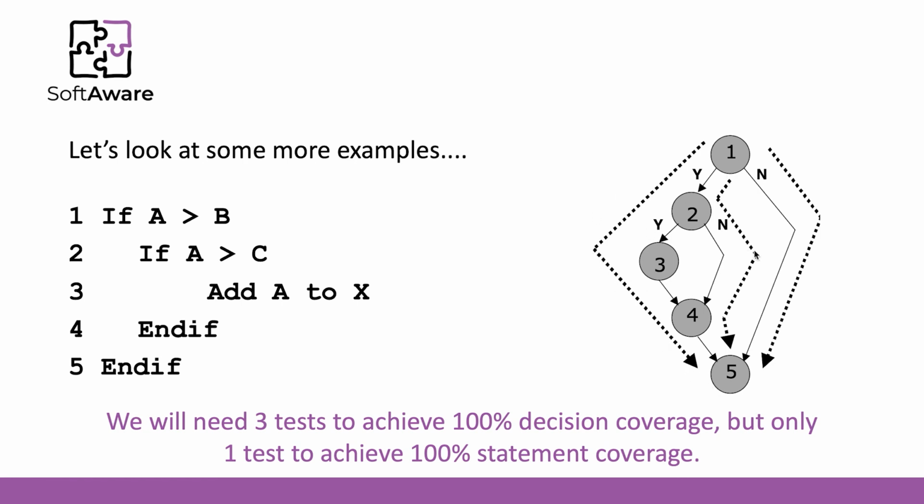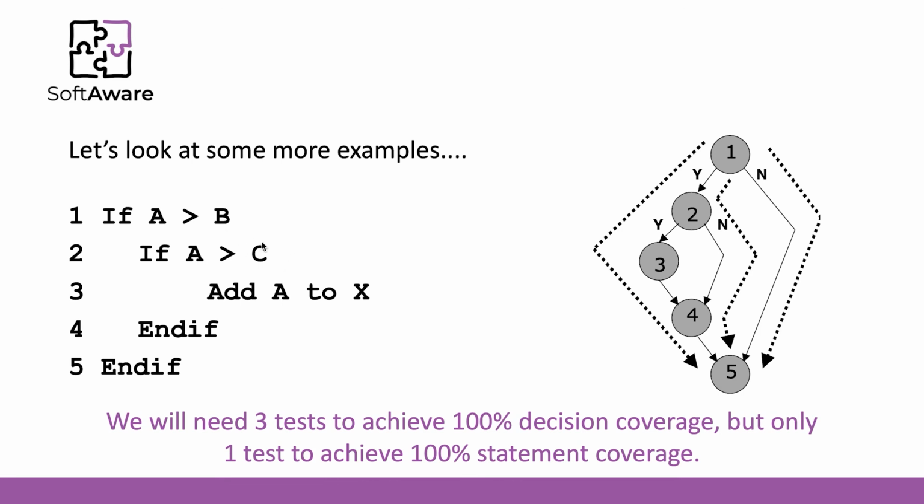If I want to address test case number 2, A should be greater than B, so we can stick with A equals 10 and B equals 2. But then I have to exercise the second branch of decision number 2. So I don't want to have A greater than C being assessed as true.